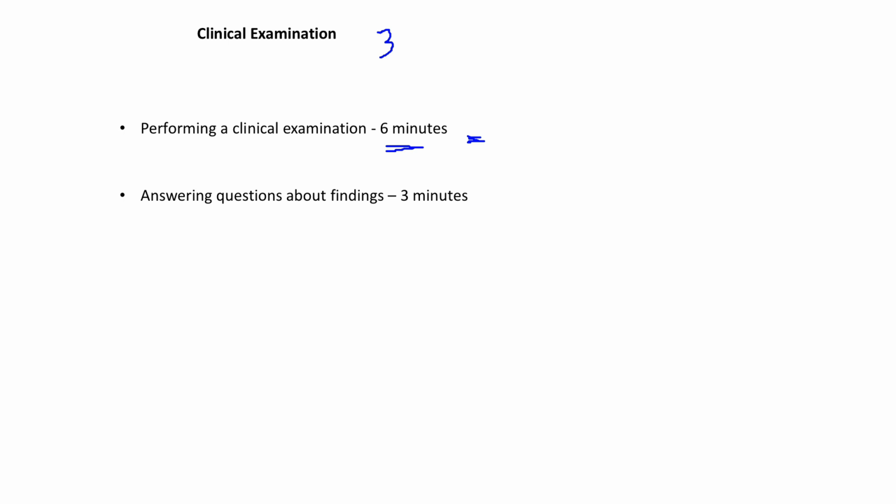They ask what is the most likely diagnosis, what's your differential, how you will further investigate it, and how you will treat it. And in these stations, you also have to demonstrate professionalism and make sure that your patient is comfortable, and you do a swift examination without eliciting any pain to the patient.